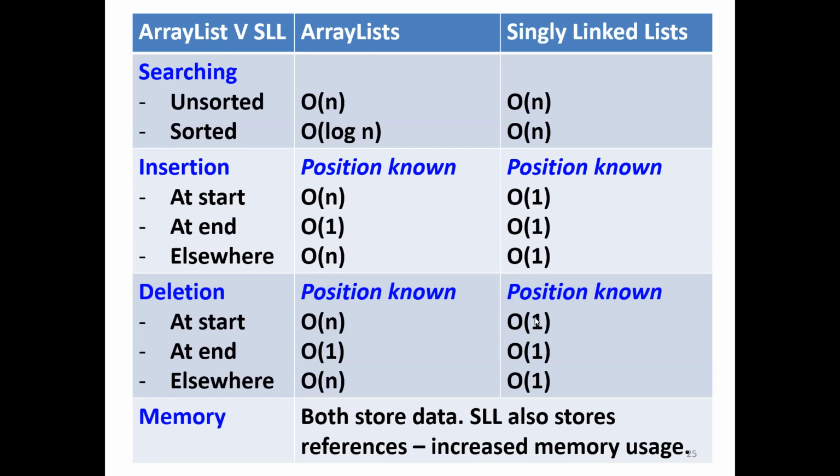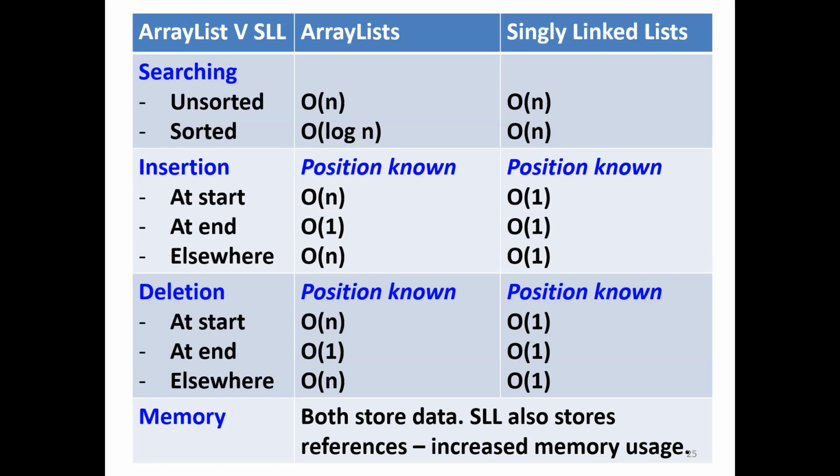For the singly linked list, if the item is at the start, at the end, or anywhere, they will all be of the order of 1. And another thing to compare is the memory. Both array and singly linked list have parts that hold the data.